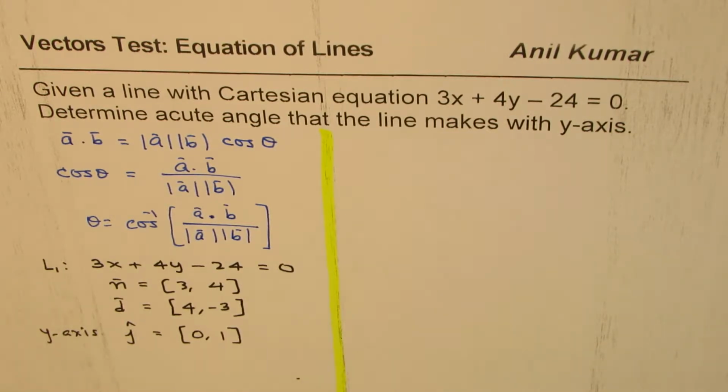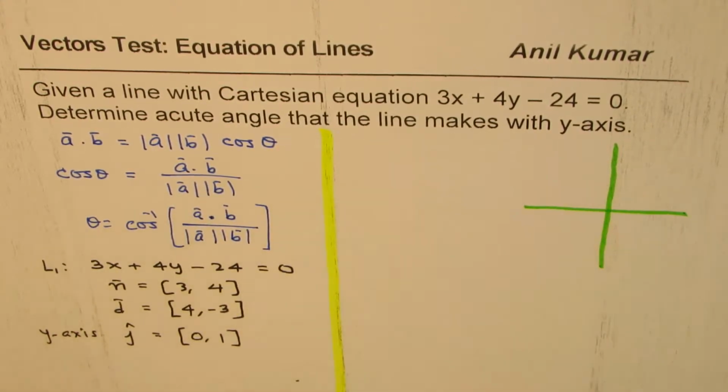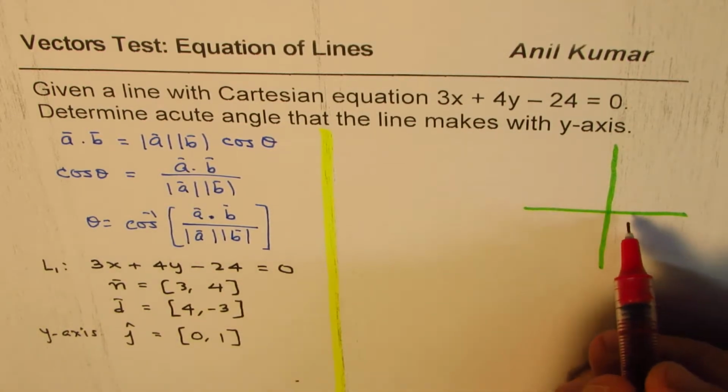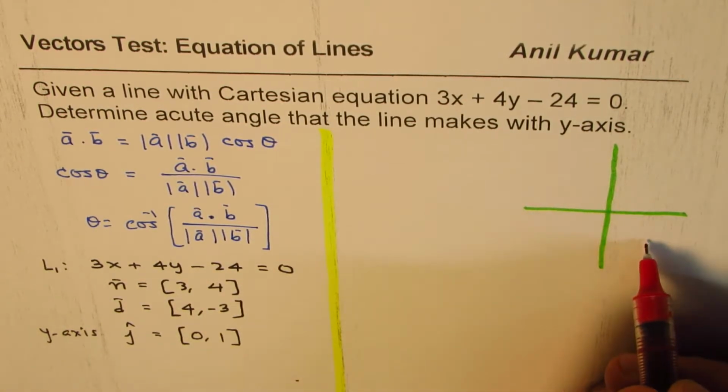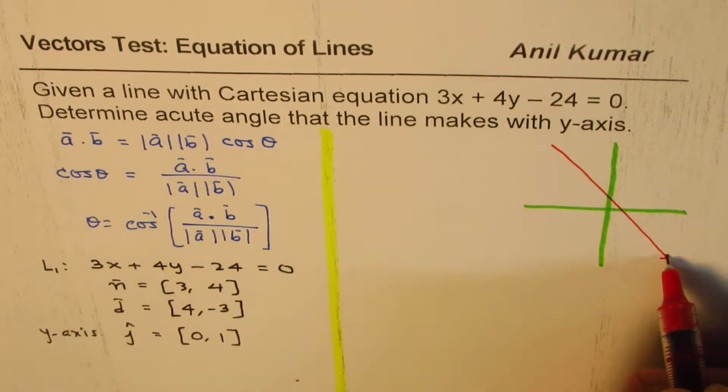The question is kind of like this. Let us say that we have this coordinate plane, and the line is 4, minus 3. That means 4 and minus 3, kind of like this. So let's say the line is going like this. Is that okay?